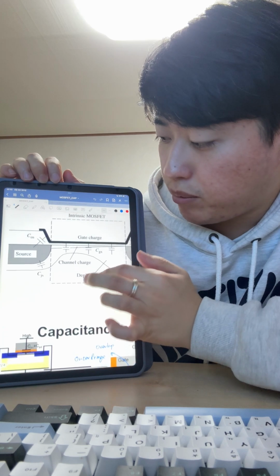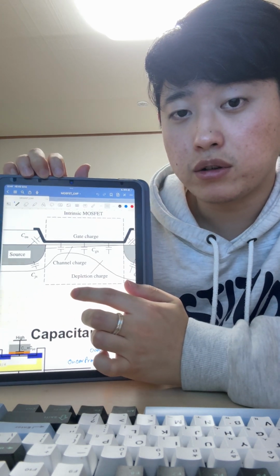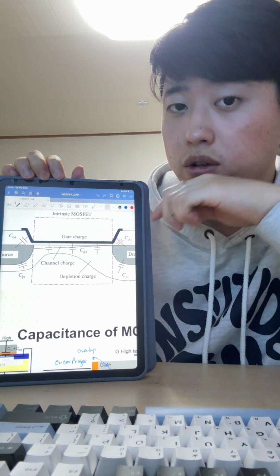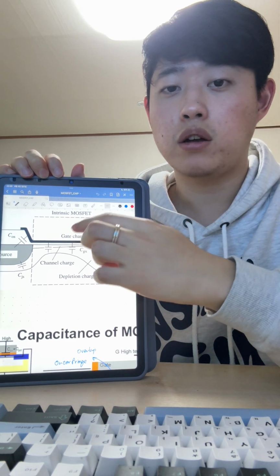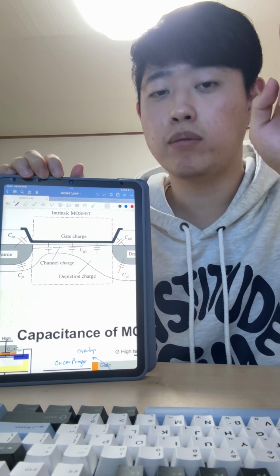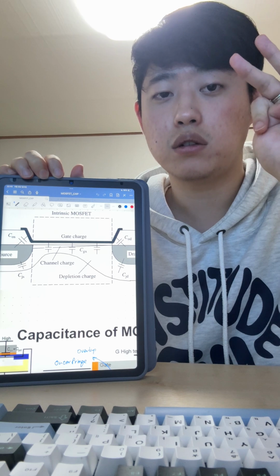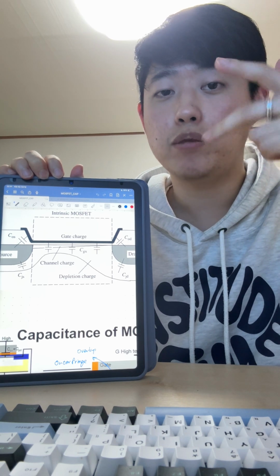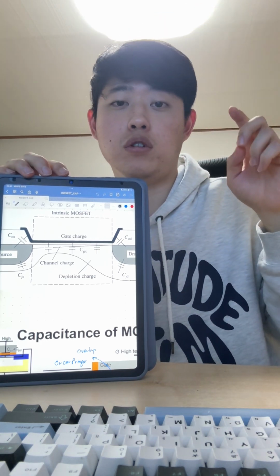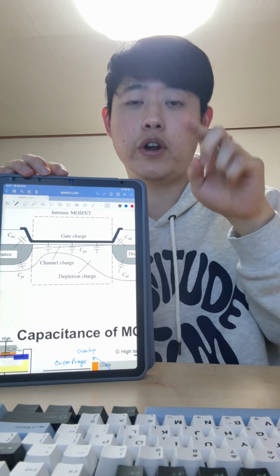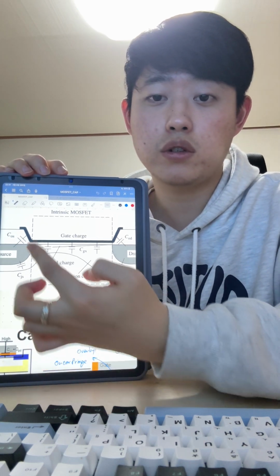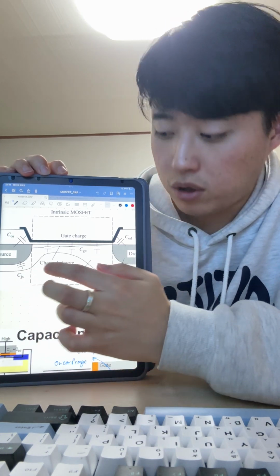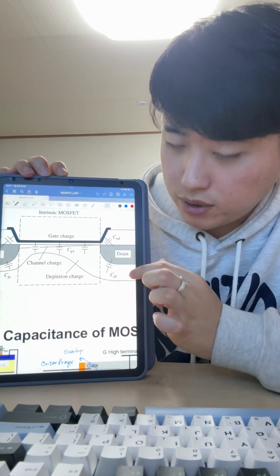They have very many capacitances because in MOSFET there is metal oxide silicon only, but MOSFET has more: drain and source. So drain and source can make capacitance. Here is depletion.